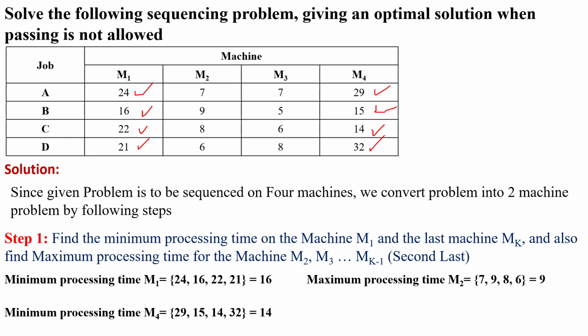In the M2 mission, processing times are 7, 9, 8, 6. Among these, the maximum processing time is 9. Similarly, for the M3 mission, processing times are 7, 5, 6, 8. Among all these, the maximum processing time is 8.